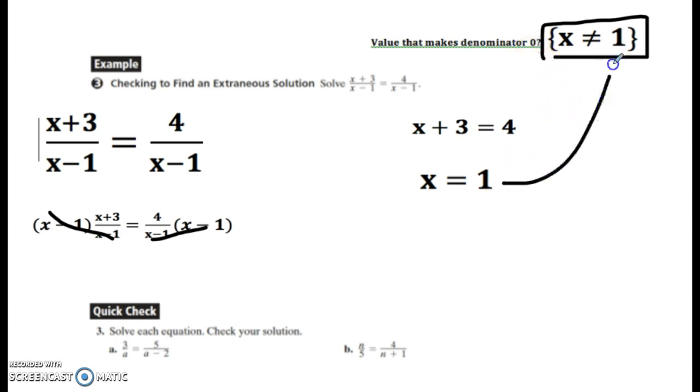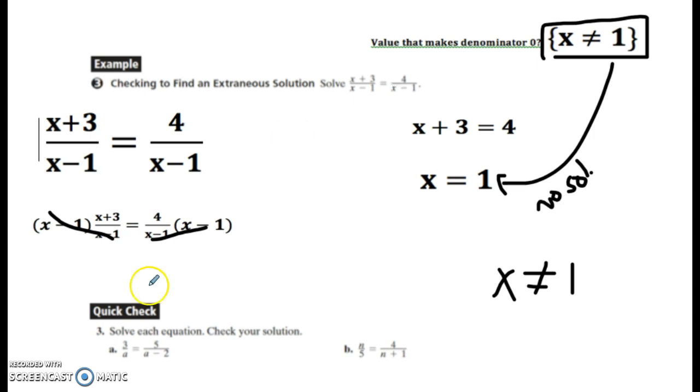So if we get a solution of 1, we now have a no solution situation because there is no value that's going to make this true. So you have to always look at your denominator. A lot of times on standardized tests, they will sometimes make a note like x cannot equal 1, so that you remember, if x is 1, that can't be part of our answer set.